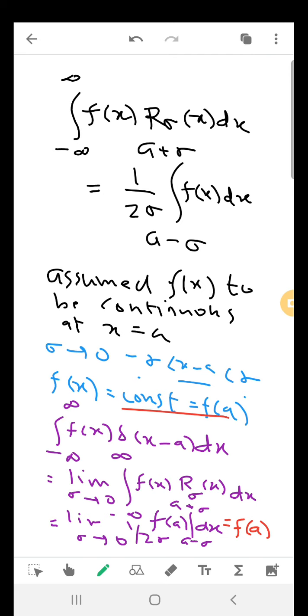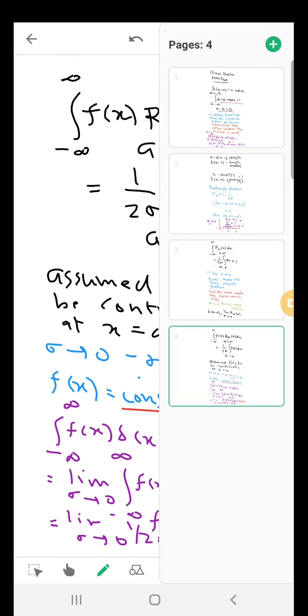So this is all about the rectangle function. Now another way by which we can represent the Dirac delta function is the Gaussian function.